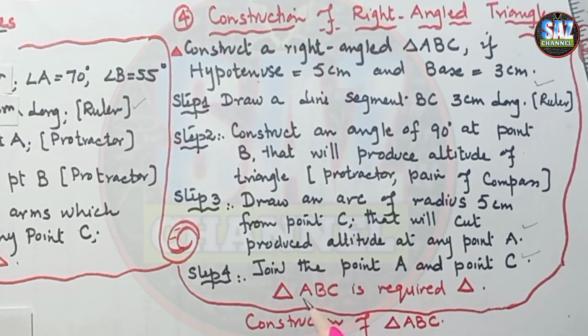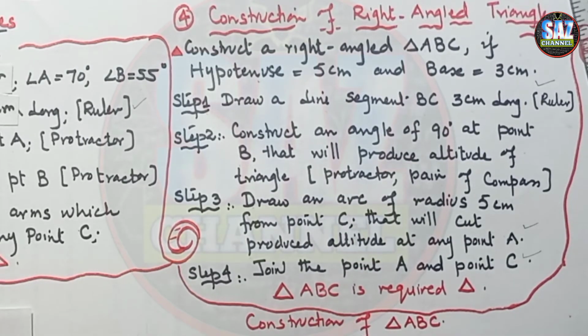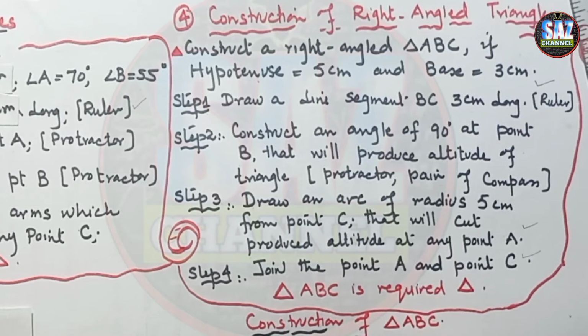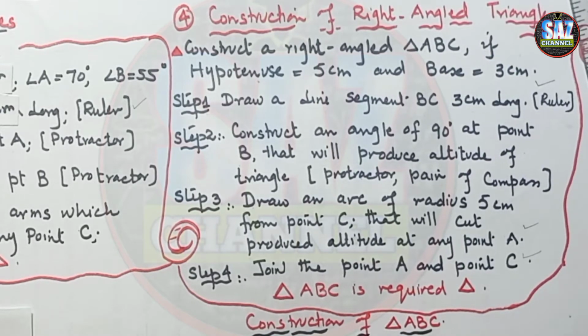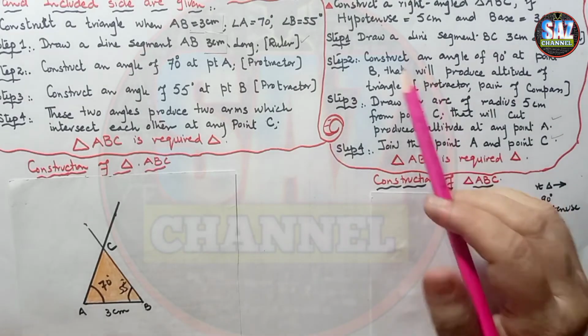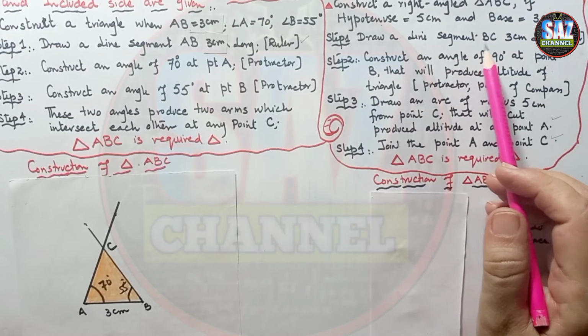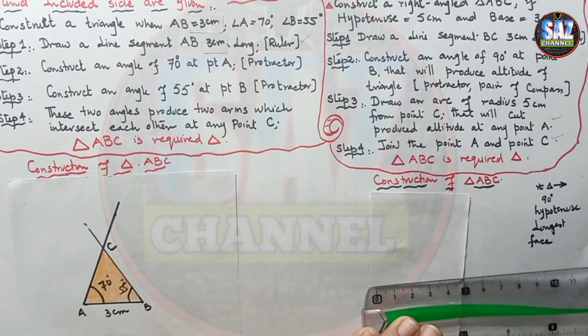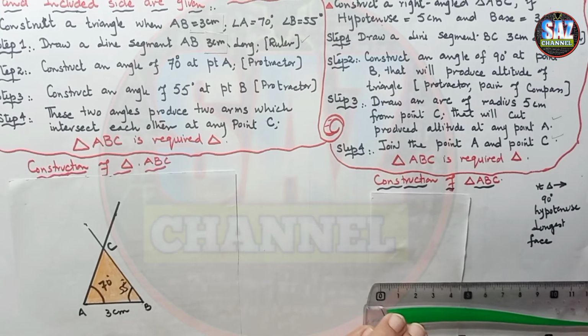Let's apply all these steps to construct and learn practically how to construct the right angle triangle when one side and the hypotenuse are given to us. Okay, step 1 is that we have to draw the line segment BC 3 centimeter. So we will hold the ruler and draw a line segment BC, 3 centimeter.